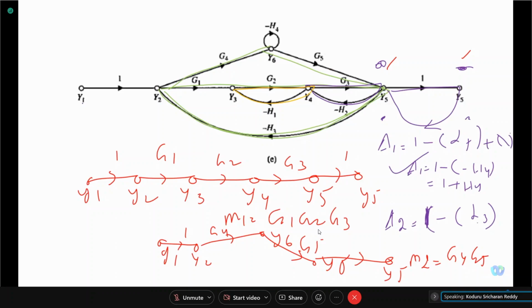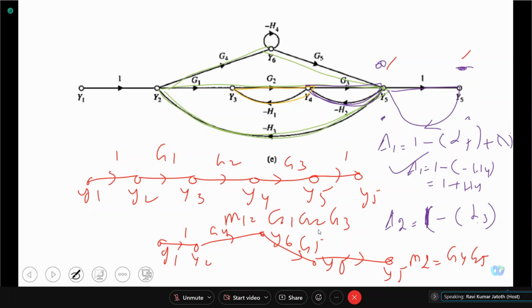How? Y2, y3, y4, and y2, y6, y5, y4. There is no direct y2 to y2 path, but there is the minus H2, it is there, no?